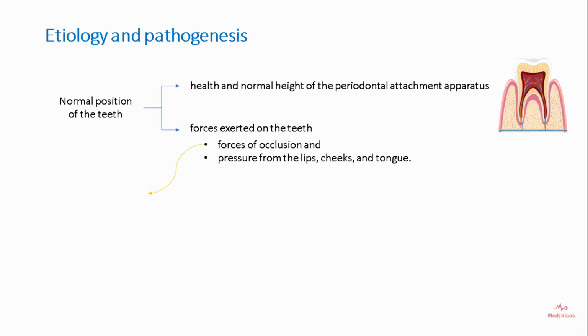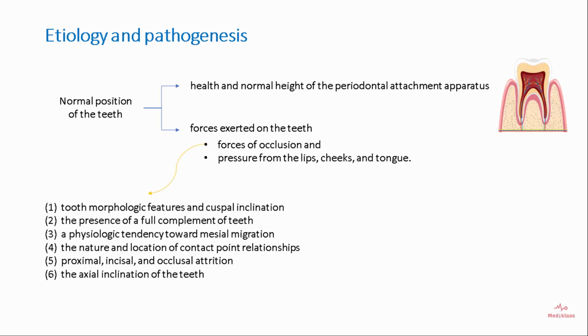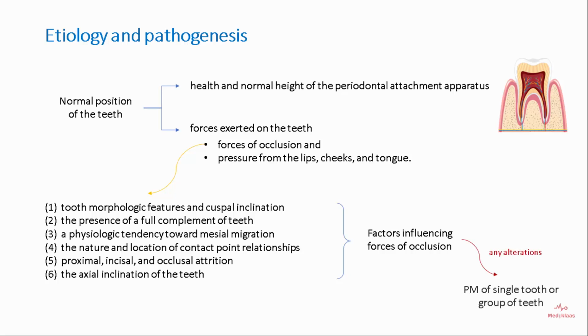Forces of occlusion depend on tooth morphology and cuspal inclination, presence of a full complement of teeth, physiologic tendency toward mesial migration, nature and location of contact point relations, proximal, incisal and occlusal attrition, and the axial inclination of the teeth. All these factors influence the forces of occlusion, and when there is any alteration in these factors, it results in pathologic migration of a single tooth or a group of teeth.